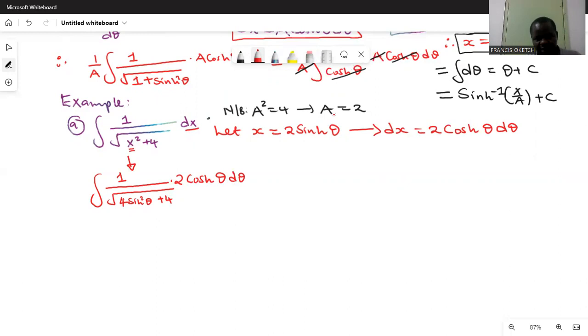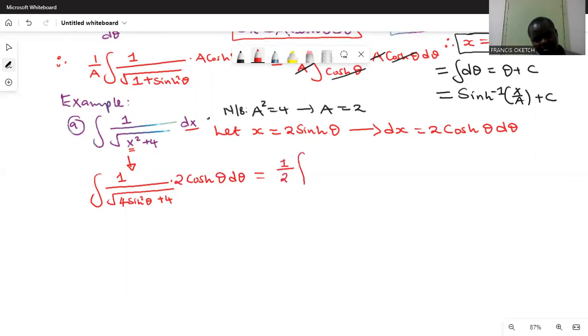So when I simplify this one, in the denominator, you can see there's 4 that is common. You can take that out of the square root so that it becomes 2. Square root of 4 is 2. And remember, 2 is a constant, so we'll have 1 over 2, which you can factor out.